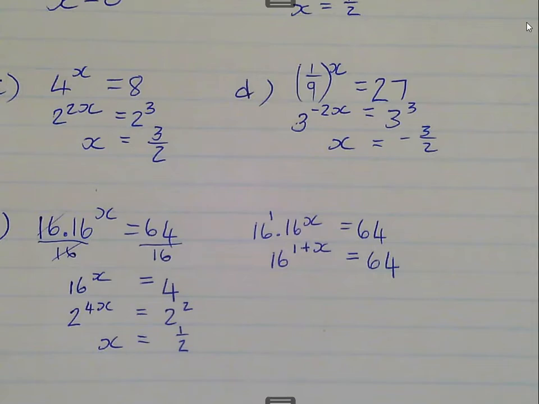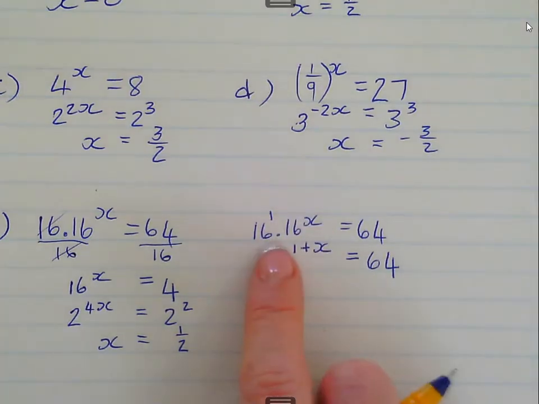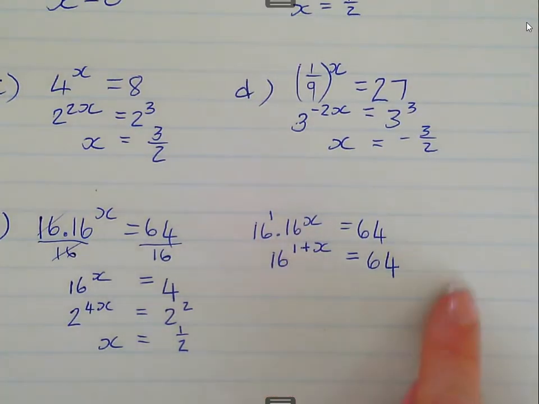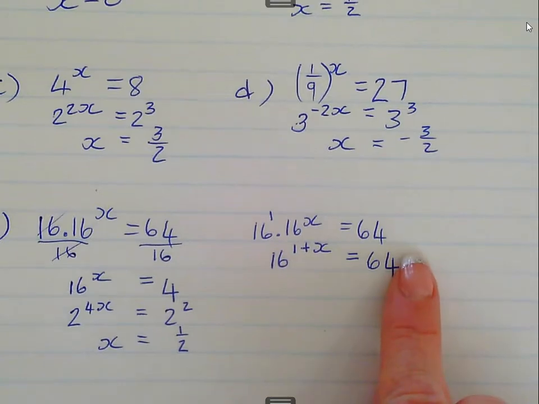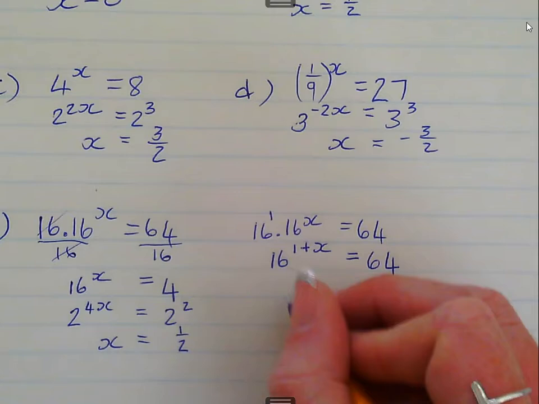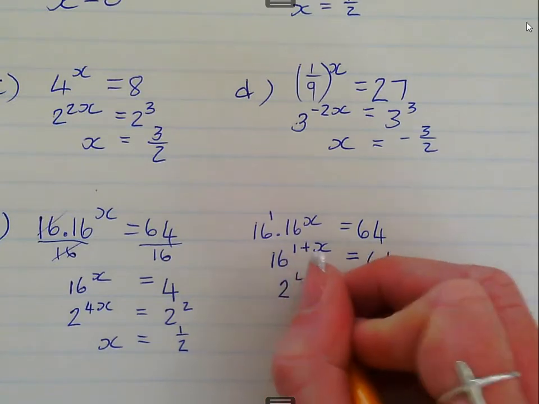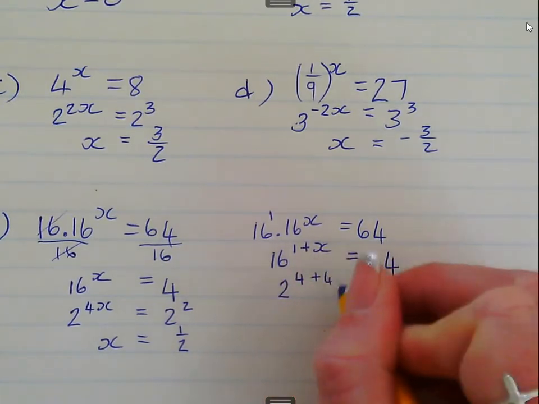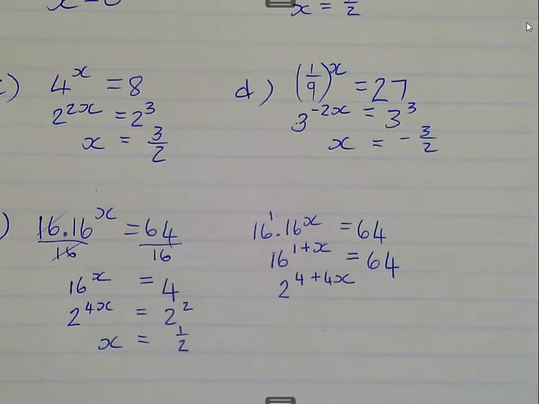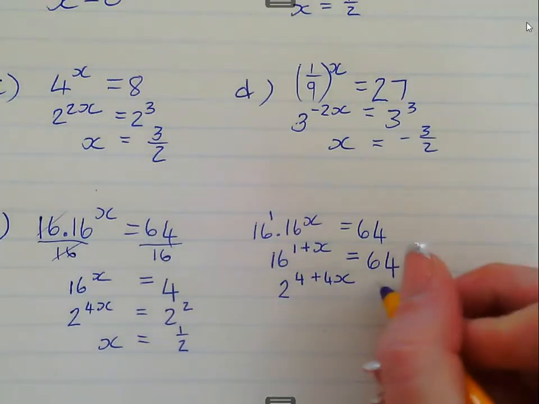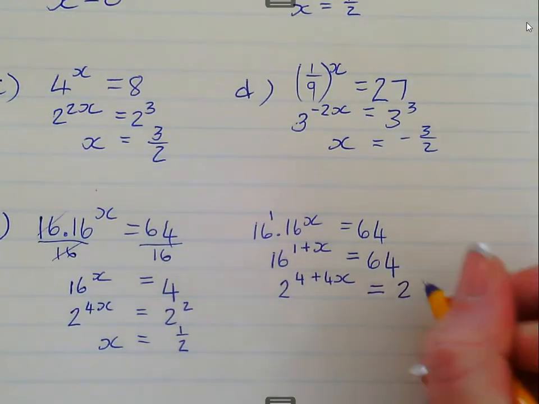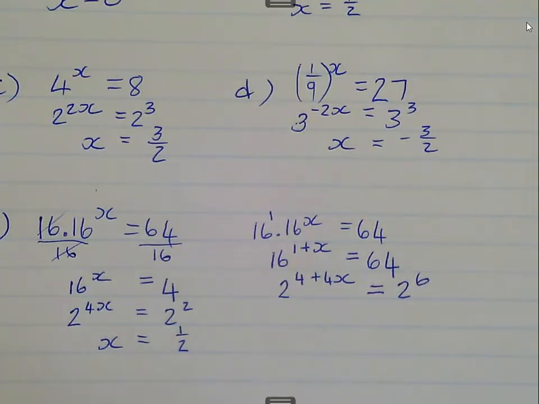Okay. Now this one I've changed to be exponential. Now I also need to change this one to be exponential and somewhere get it in prime number as well. So 16 I can write as 2 to the power of 4 plus 4x. I multiply the 4 in. And 64 I can write as 2 to the power of 6.